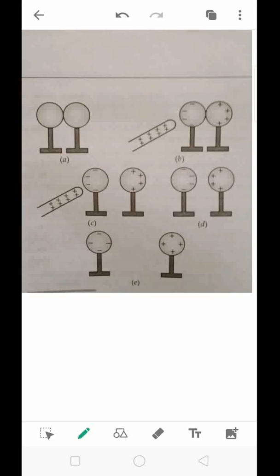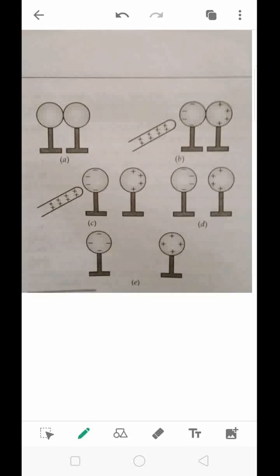We already understood in the previous topic how a conductor transfers electric charges: on the surface of a conductor, electric charges move from one place to another. In case D also, there is transfer of charges from one end to the other, observed in the absence of the external charged body, that is, the external glass rod.